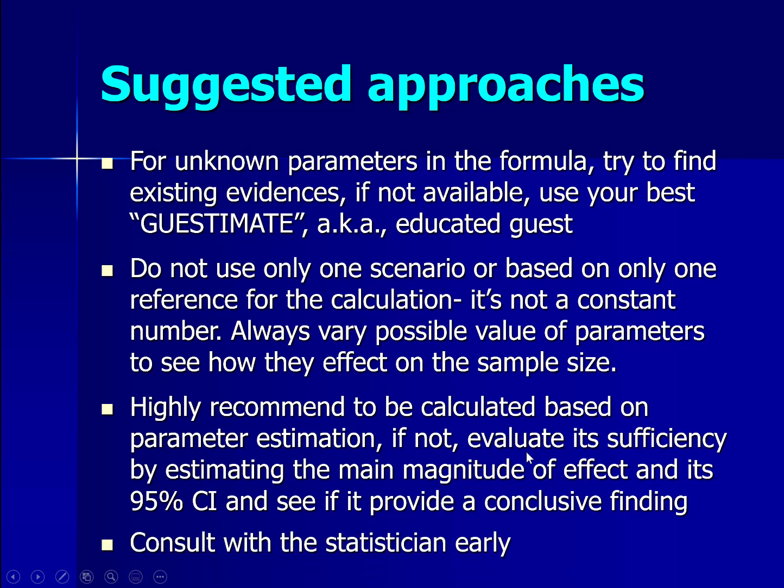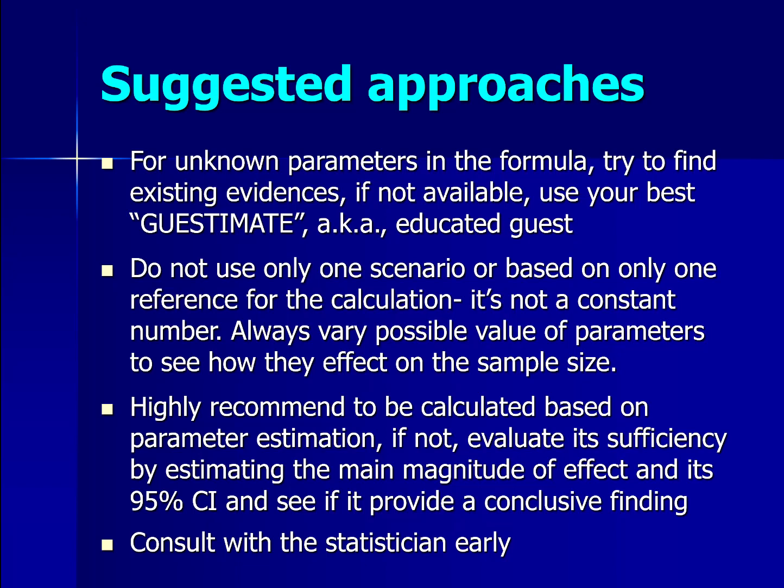Or, this is my bottom line, consult with a statistician early. In many cases, people come to me to ask for help justifying to the institutional review board or ethics committee.